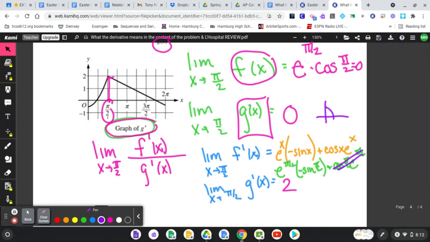Now I need the sine of pi over 2, so I'll just kind of graph that as well. 0, 1, 0, negative 1, 0. So the sine of pi over 2 is just 1. So I think I get negative e to the pi over 2 all over 2. And that's how I would attack that L'Hopital question.